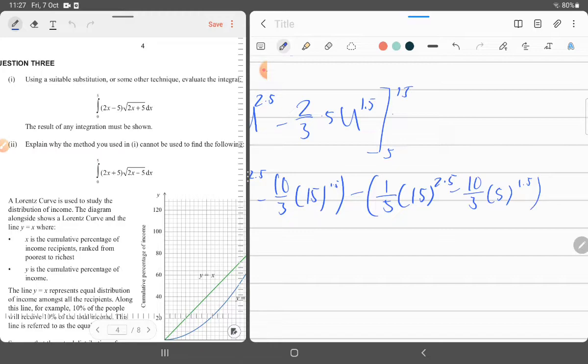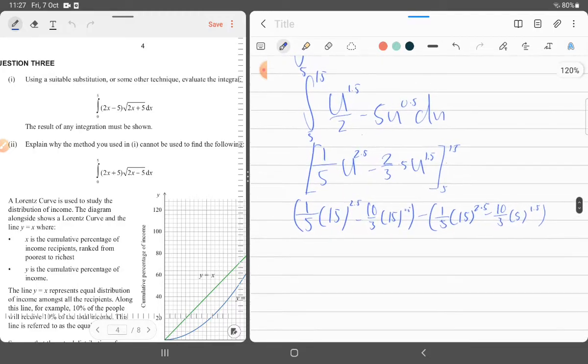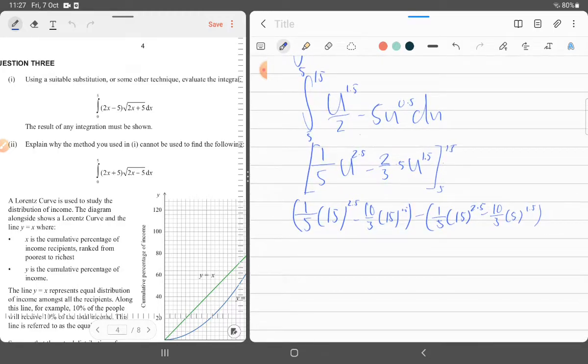Let's put it into my calculator. 1 over 5 brackets 15 to the power 2.5, take away 10 over 3, 15 to the power 1.5, take away 1 over 5, 5 to the power 2.5, 10 over 3, brackets 5 to the power 1.5. Oh, right, it's definitely incorrect.